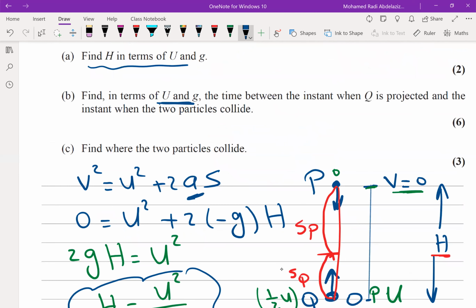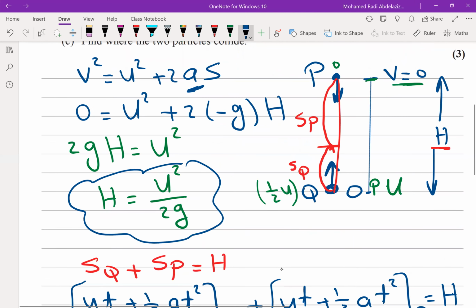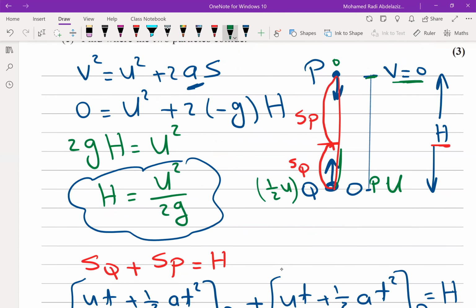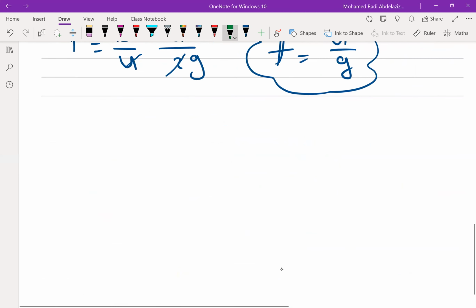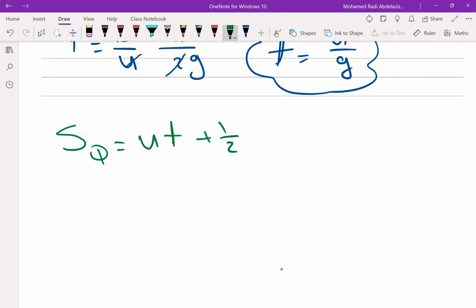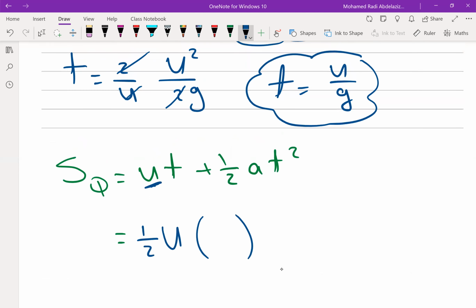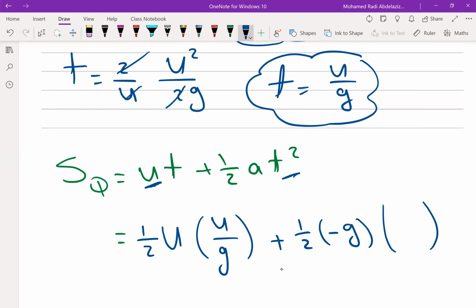Part C: find where the two particles collide. You can find s of Q only, or s of P, to show where they collide. We'll try to get s of Q. s of Q is ut plus half at squared. The initial velocity of Q is half u, and the time found is u over g, plus half the acceleration, negative g, and the time squared will be u squared over g squared.